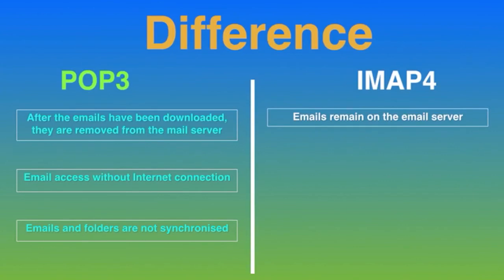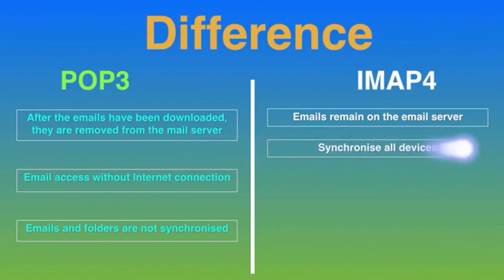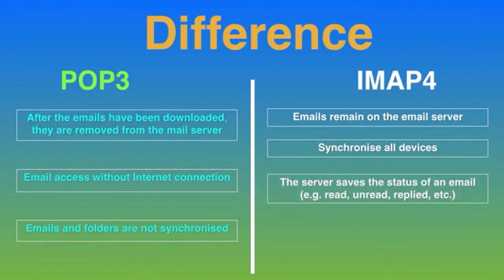On the other hand, in IMAP4, emails remain on the email server, allowing you to set up the account on multiple computers and devices to access your email. Folders can be created on the server for better management. The folders then sync across all the devices used to check your email.